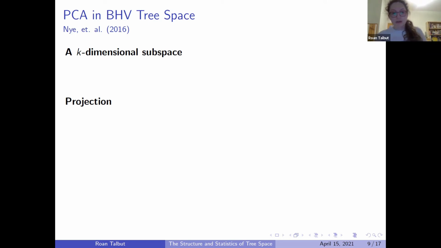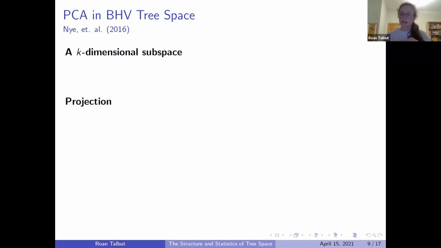If we're looking at subspaces, in standard Euclidean geometry, subspaces are very easy to describe. We can just describe them by k points and using them as a basis. But we don't have a linear structure on our tree space. So instead of taking the linear space generated by our basis, we're going to think about taking the convex hull of these k points.